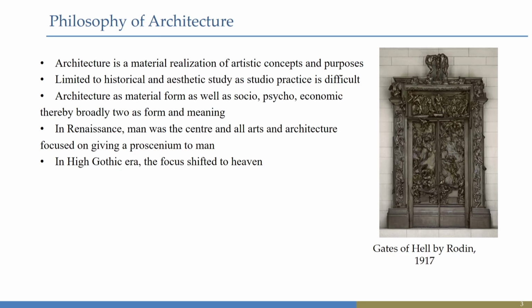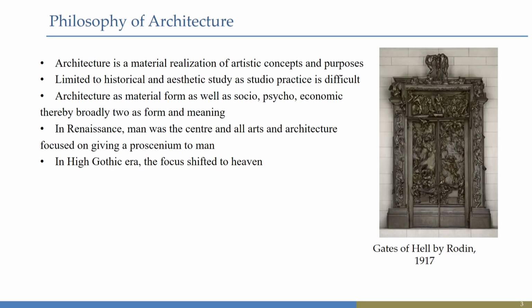In the Renaissance, man was considered the center, and all arts, all architecture, all human effort was centered around man, and how all of these disciplines can provide a stage, a proscenium to man where he can showcase his abilities, his talents, his capabilities, his potential and so on. So, in the Renaissance, man was at the center, and therefore all architecture and everything that was built was around man.